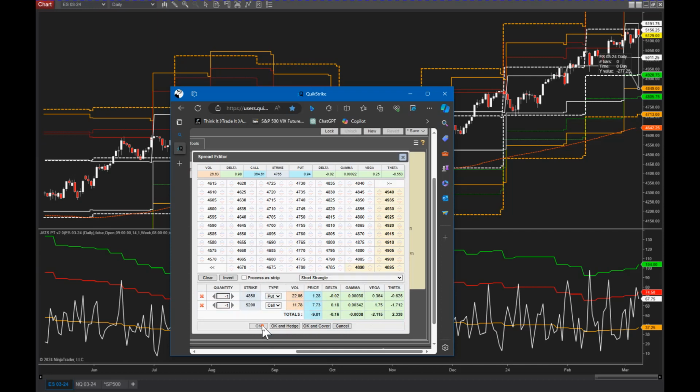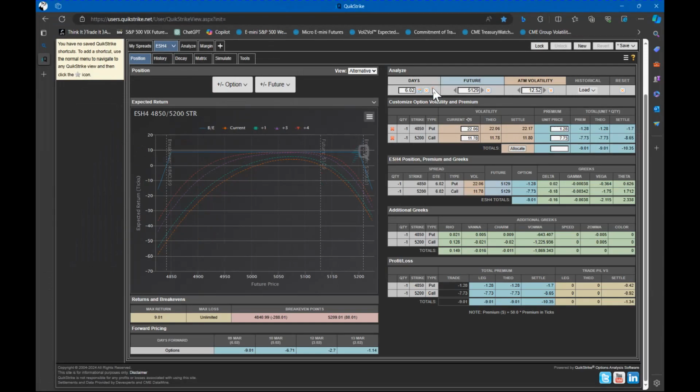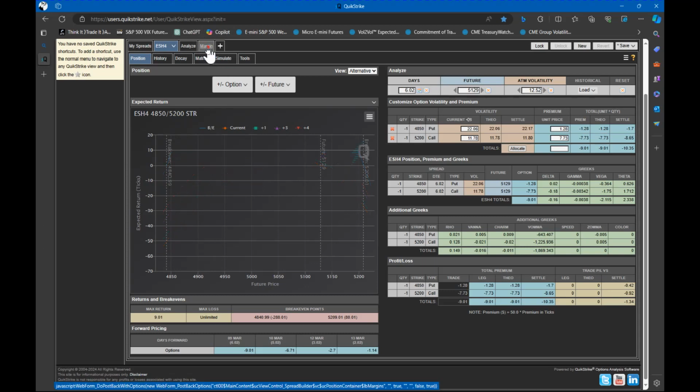Okay, so this will work out. So $900 trade, and the margin. Oh, let me go into the details. Sorry.